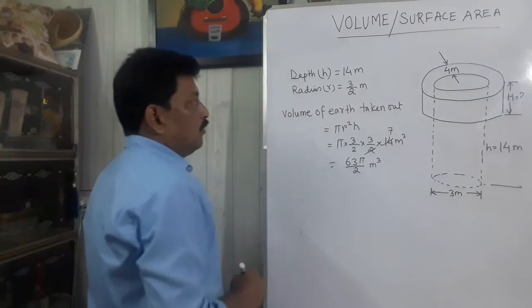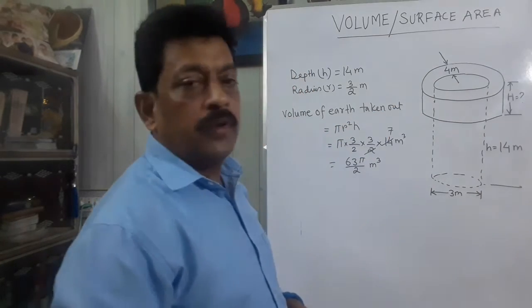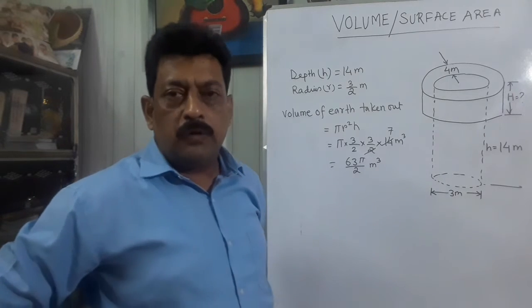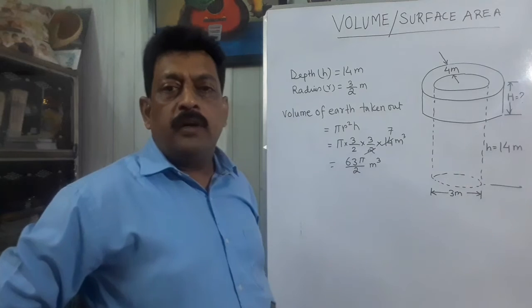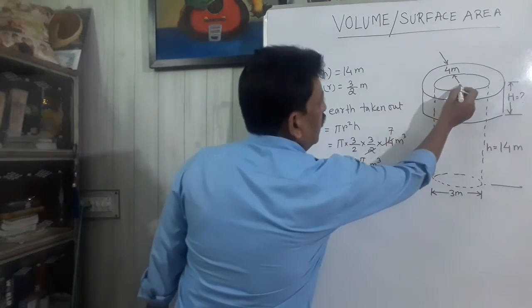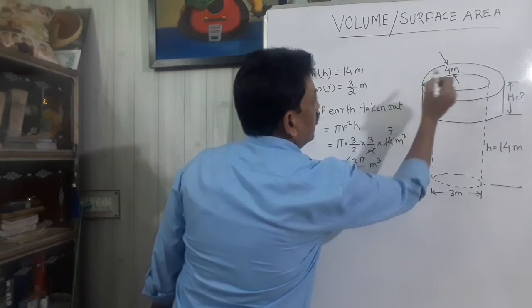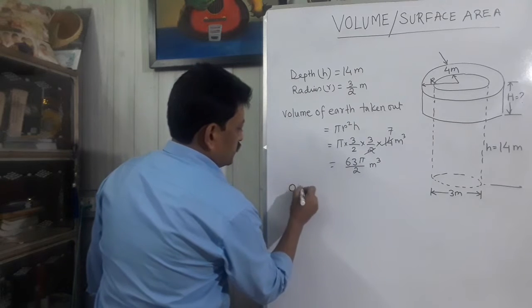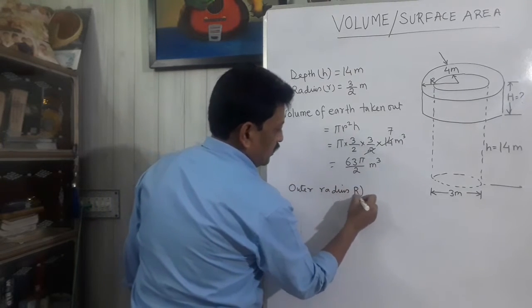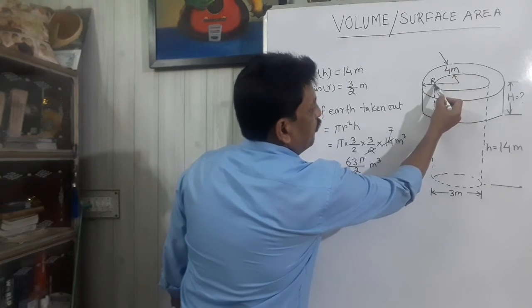Now the volume of the hollow cylinder. Since it is a hollow cylinder, the volume of material in the hollow cylinder, that is the embankment, will be outer volume minus inner volume. First of all we have to find the outer radius, capital R. As you can see from the diagram, it will be inner radius plus the width.